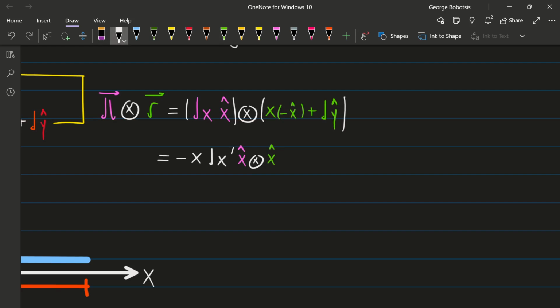You already know cross products of parallel vectors, bye-bye. And then you do the other one. So you have to add here dx times d. I guess you can pull them outside as d dx. Is kind of silly. But then you have the cross product between x hat, from the pink, and the green over here, the y hat.